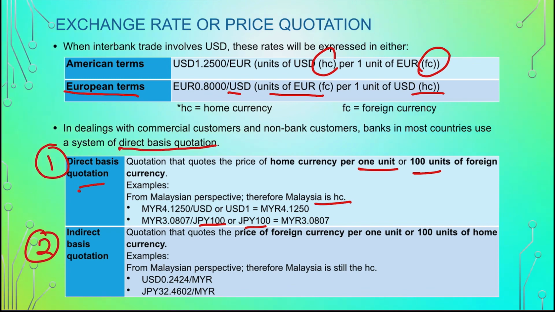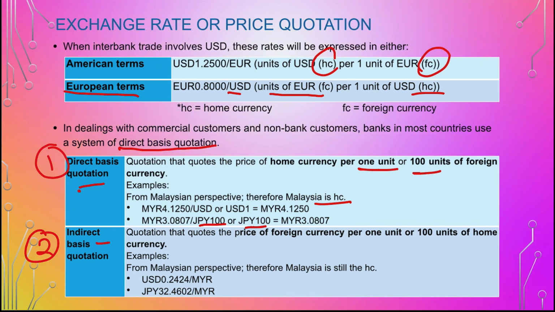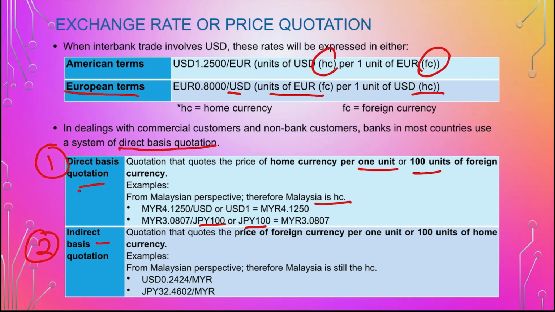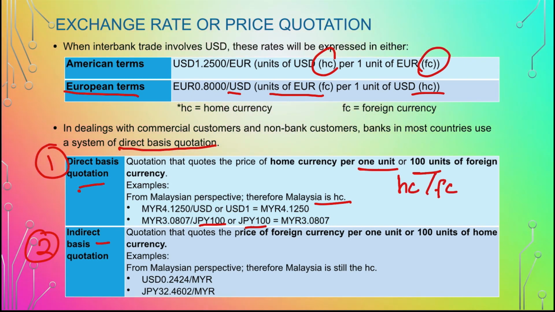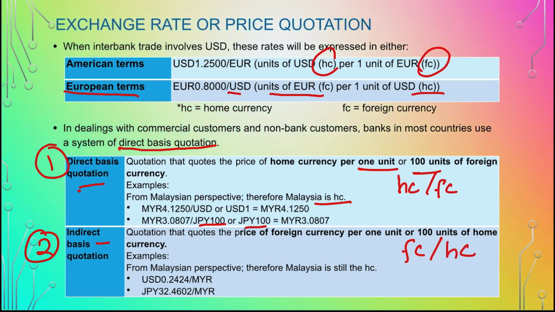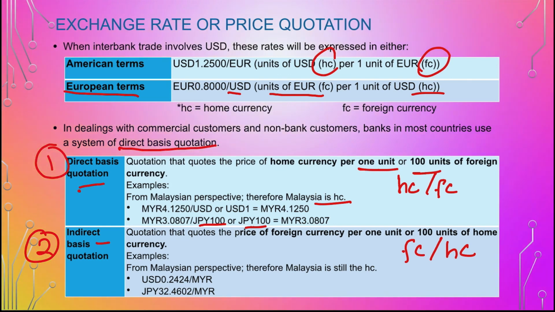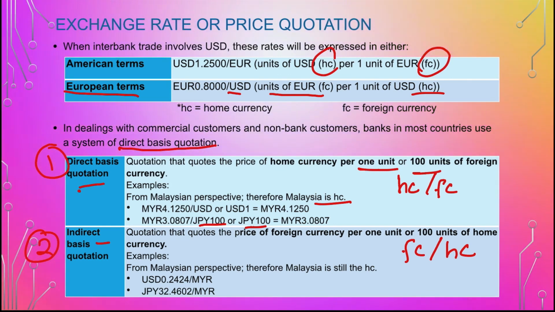How do we differentiate with indirect basis quotation? Okay, for direct basis, home currency per foreign currency. For indirect basis quotation, quotation that quotes the price of foreign currency per home currency. Price of foreign currency per 1 unit or 100 units of home currency.